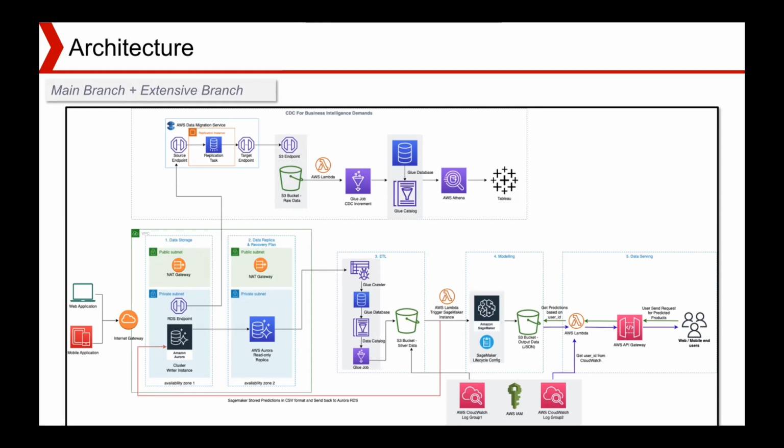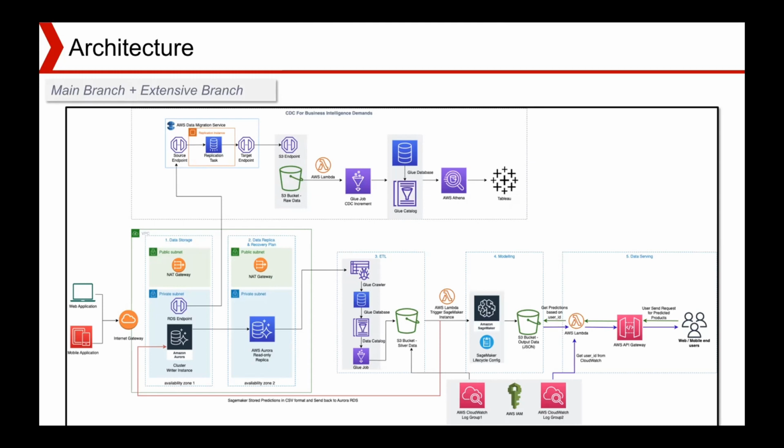And then their data will go into our raw database, our RDS, from the Internet Gateway, and then it comes to our private subnet, and then our data will transfer from our RDS raw database to our replica, and then all the data flows from the database part to the ETL part, modeling part, and the data serving part.